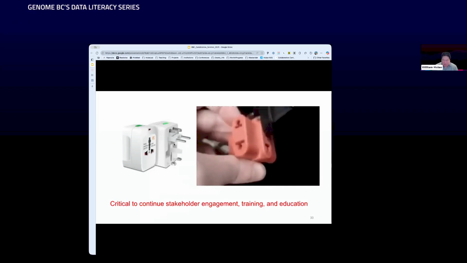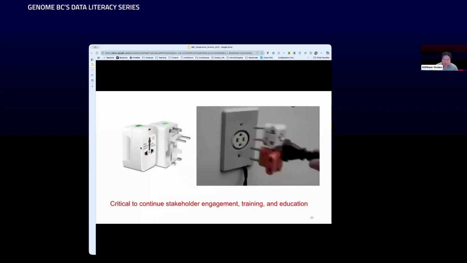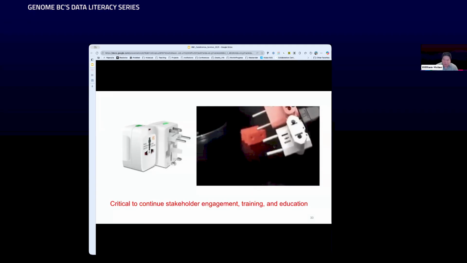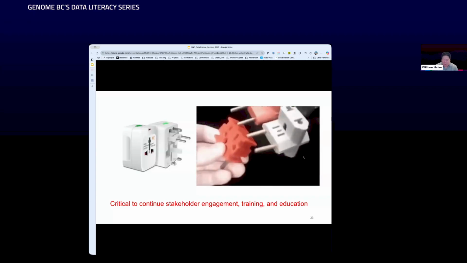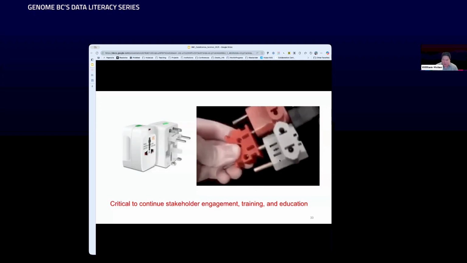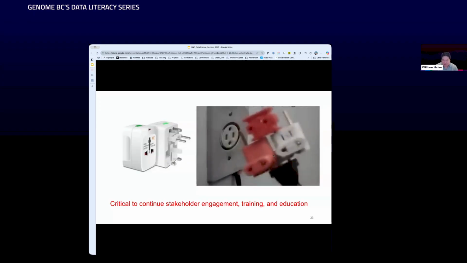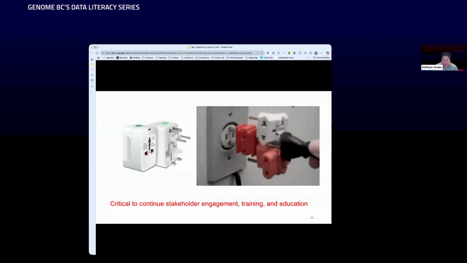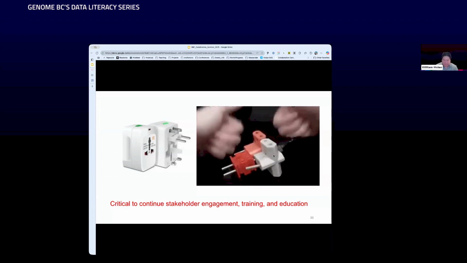So even though we designed a universal plug, a universal converter, we still have to engage the stakeholders for training and education, so they don't do something on the right-hand side here, right? Essentially reinventing the wheel, but coming up with a Frankenstein plug that does work, but is unnecessarily fragile and unnecessarily complex.